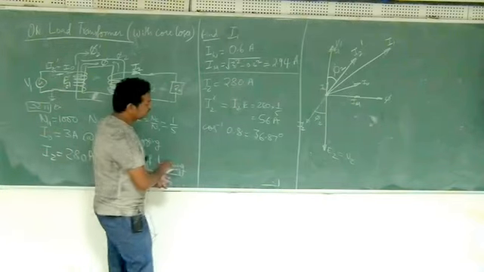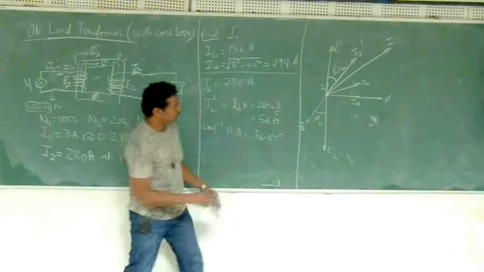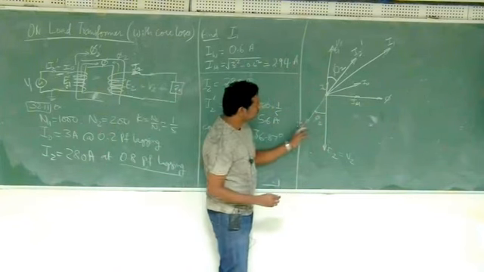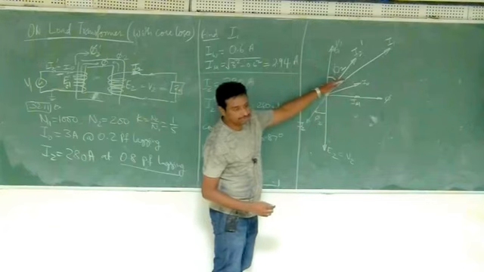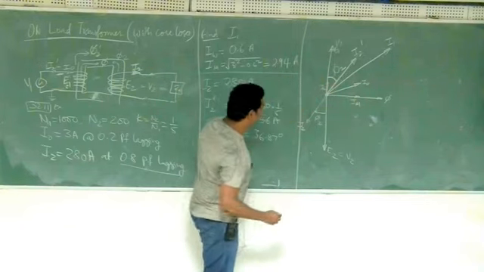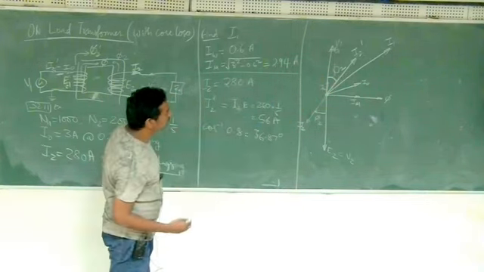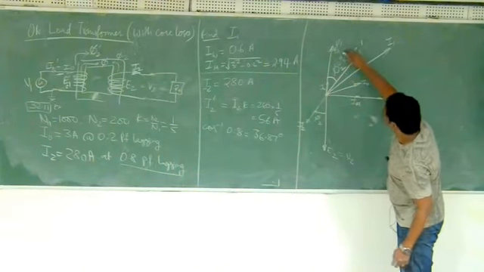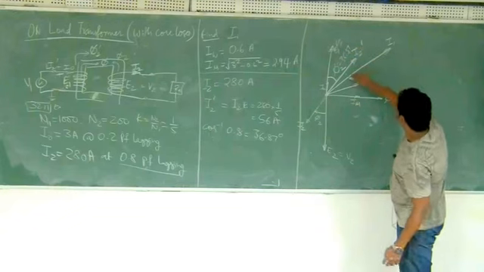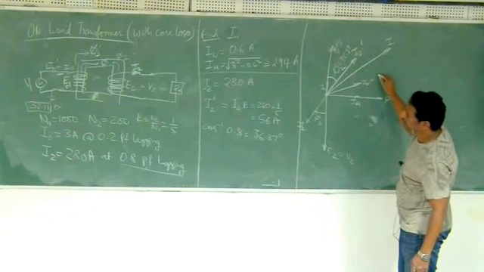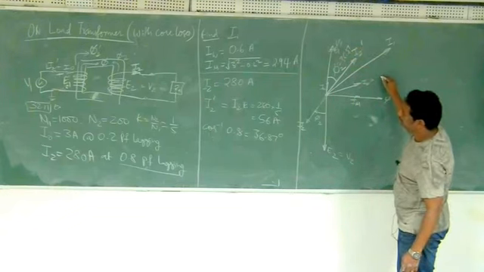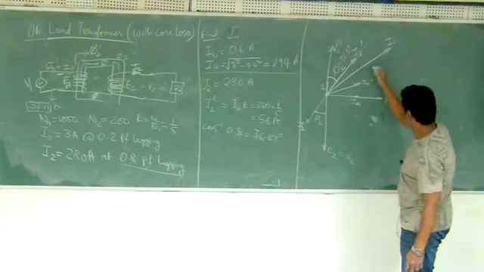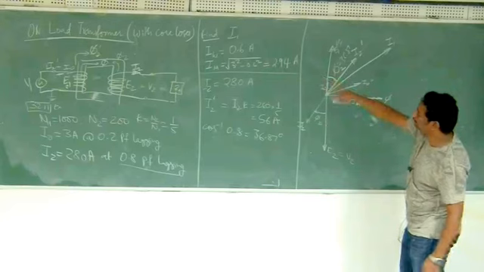So the same angle I can apply. See here, with respect to this, phi 2 is like this. With respect to V1, again phi 2 will be like that. So if I want to give the values here, 36.87, and then this I naught is 0.6. Sorry, I have already divided into components.